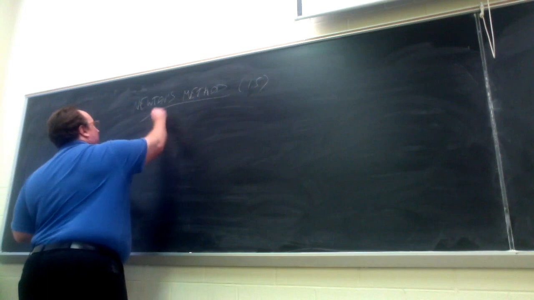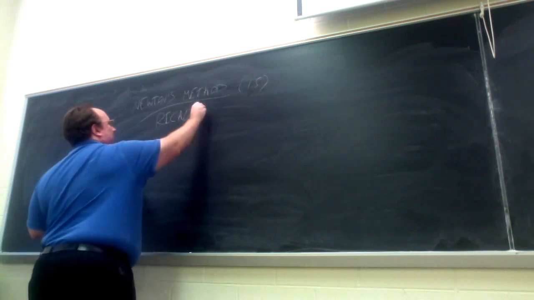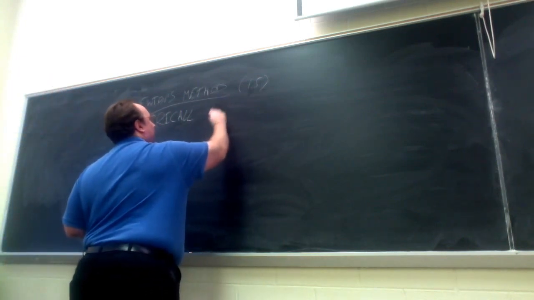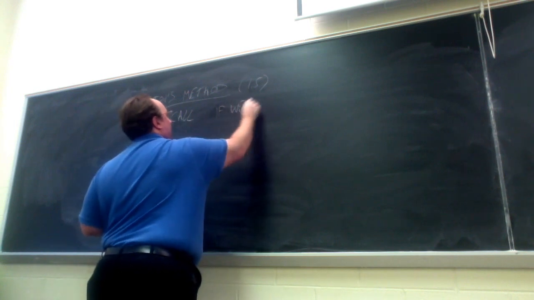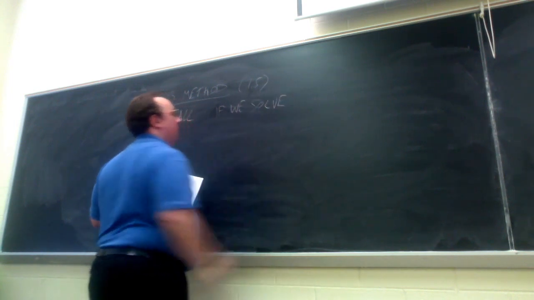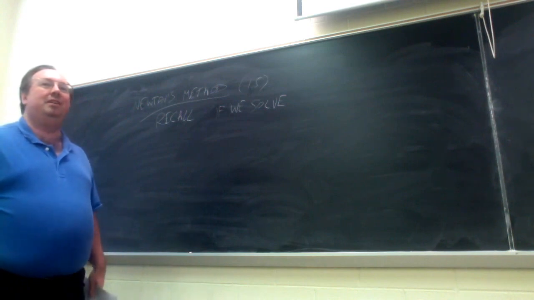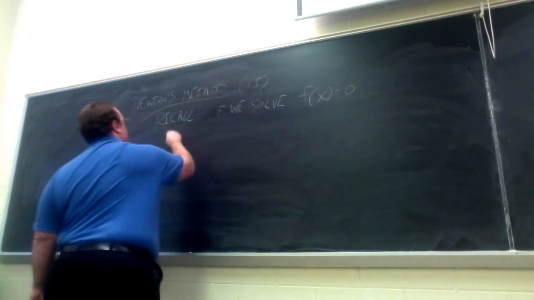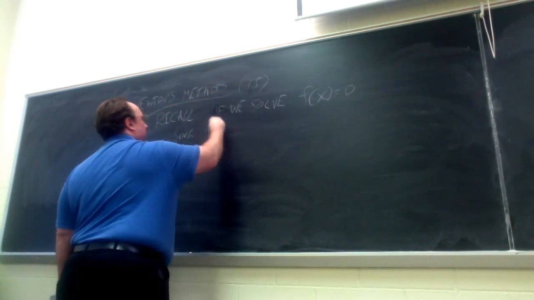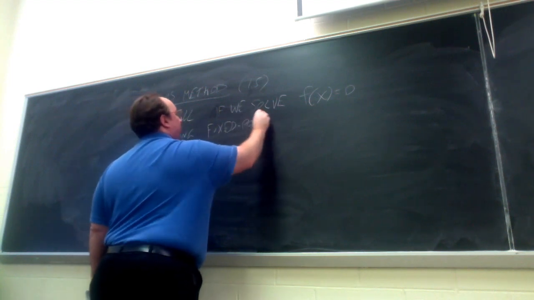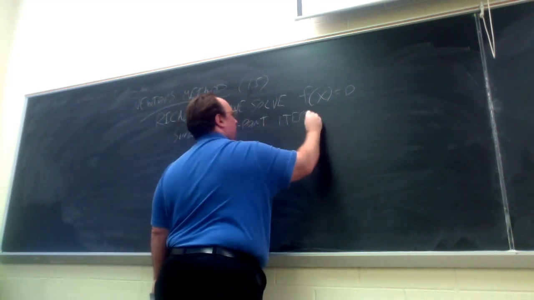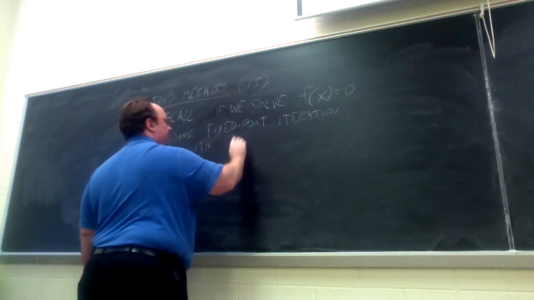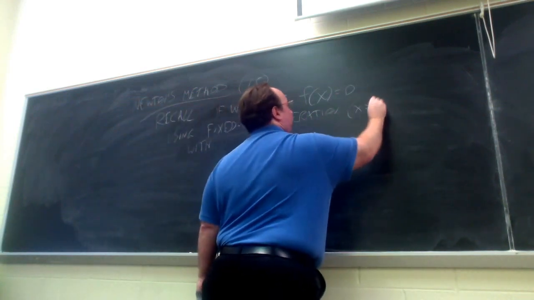So as a recap, if we solve the equation f of x equals 0 using fixed point iteration, with a g, so fixed point iteration, of course, is solving x equals g of x.